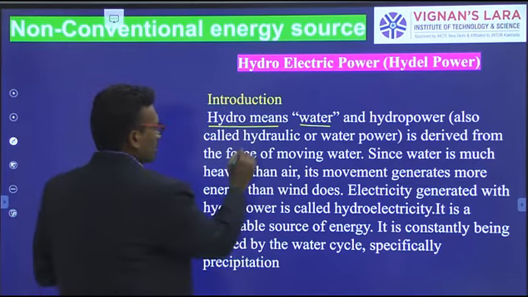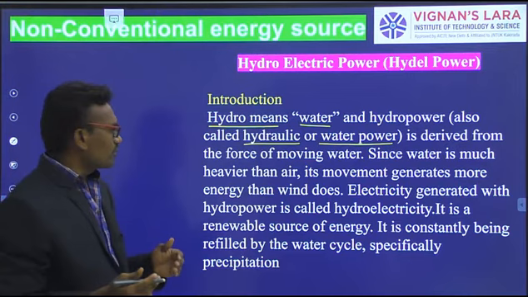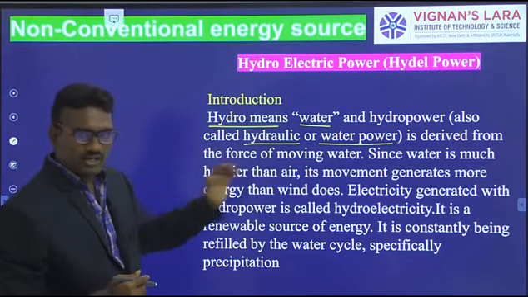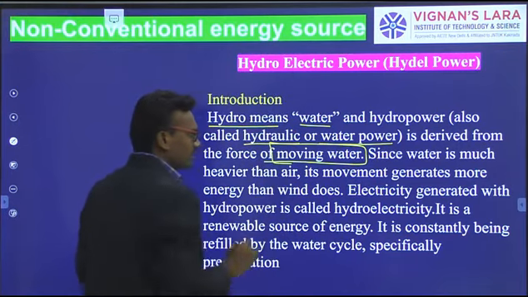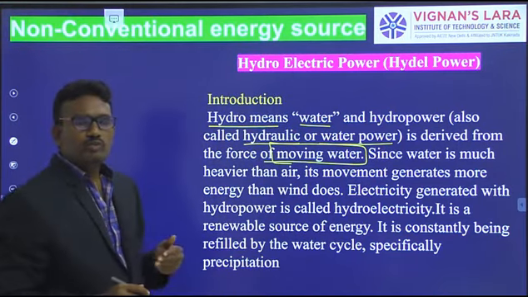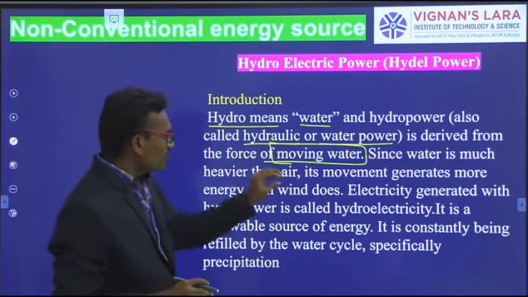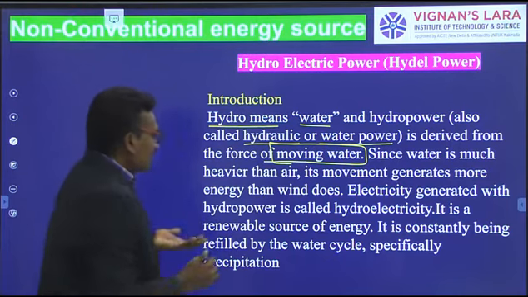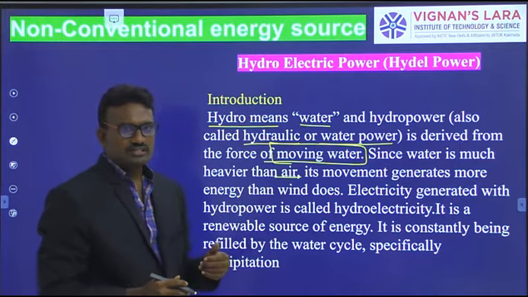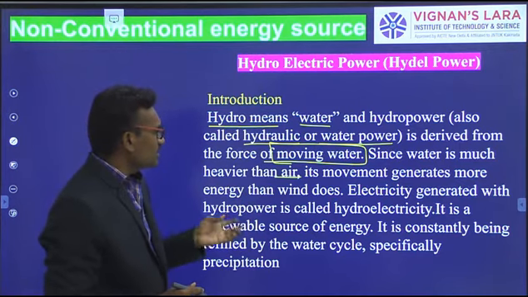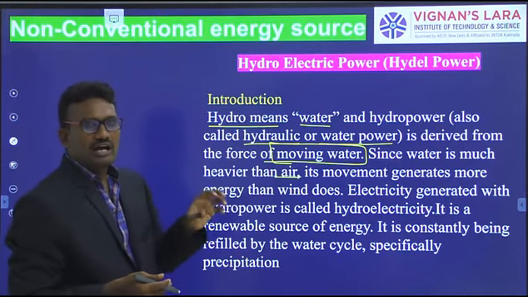Hydropower, meaning hydraulic or water power, is derived from the force of moving water to produce electricity. The force of moving water is greater than that of air. Moving air has some energy, but moving water contains very high energy.